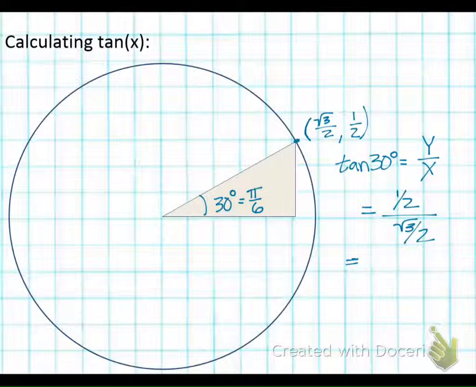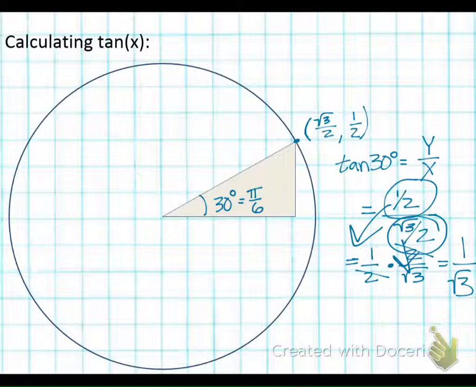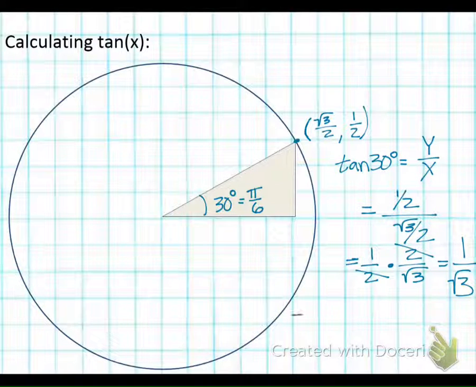I'm dividing by a fraction, which means I'm going to flip the bottom and multiply, so I'm multiplying by the reciprocal here. The 2's cancel out, and I'm left with 1 over rad 3. So all I did was take 1/2 and, instead of dividing, multiply by the reciprocal.